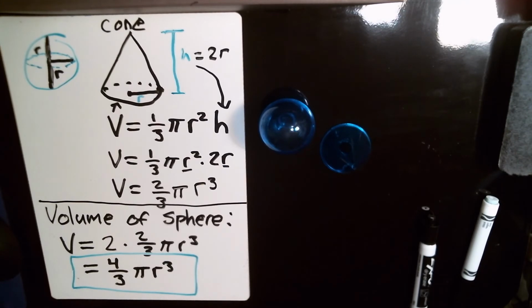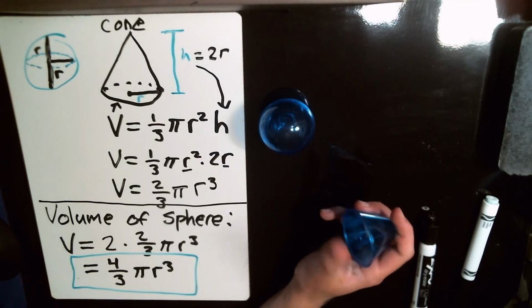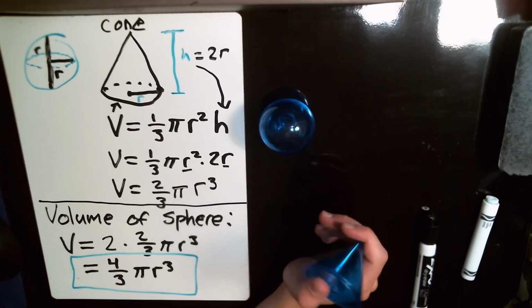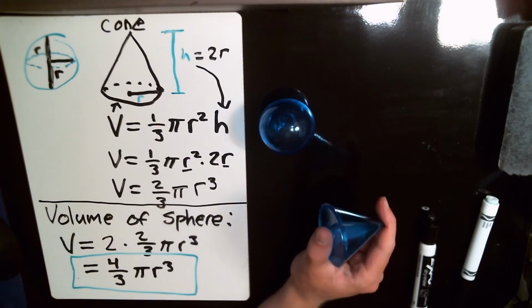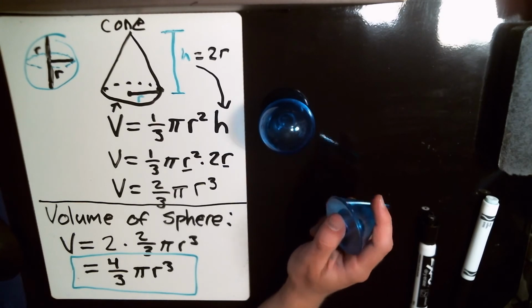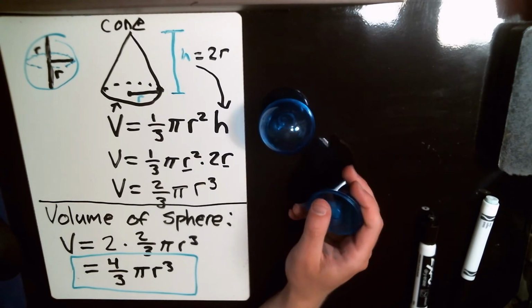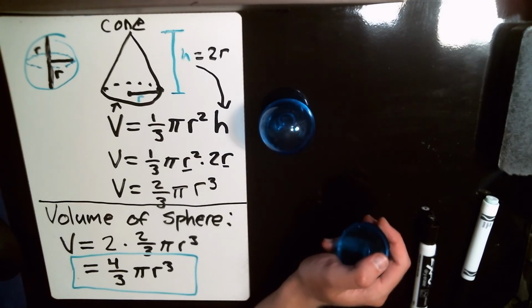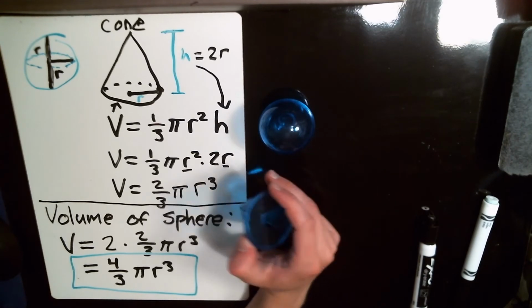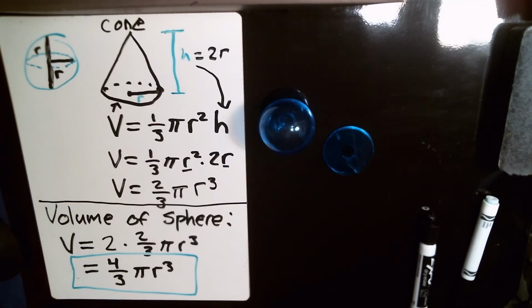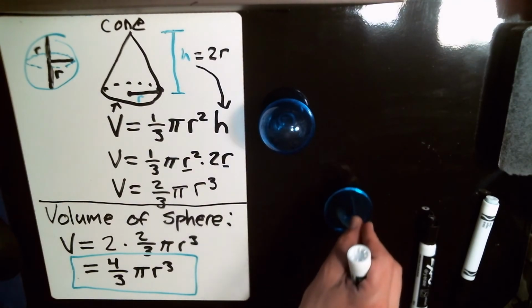But essentially the thirds is coming from the cone being 1/3 of the cylinder, and then you've got 2 of the cones inside of the sphere, and then the height of this cone was 2 times the radius. So that's kind of where that's coming from. Okay, now you don't need to be able to derive this formula, but I wanted to show you where it comes from so that it's hopefully not as weird.